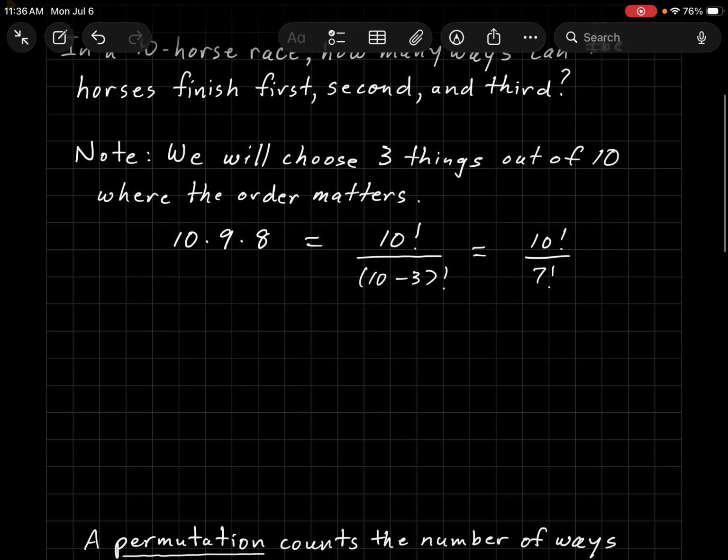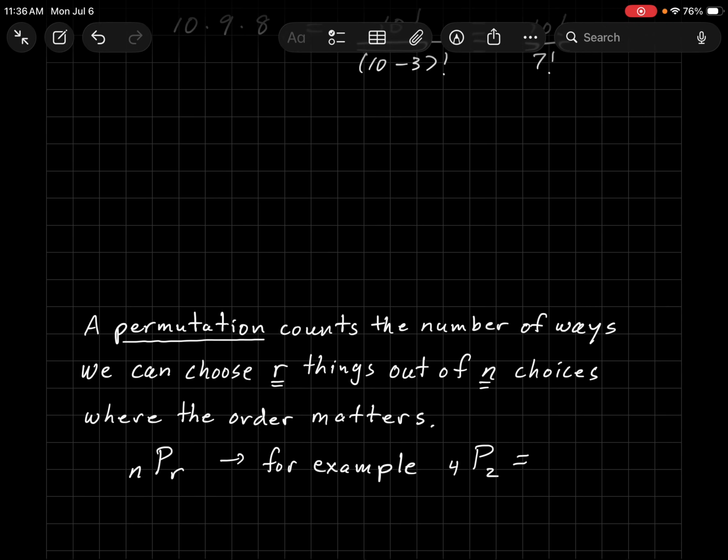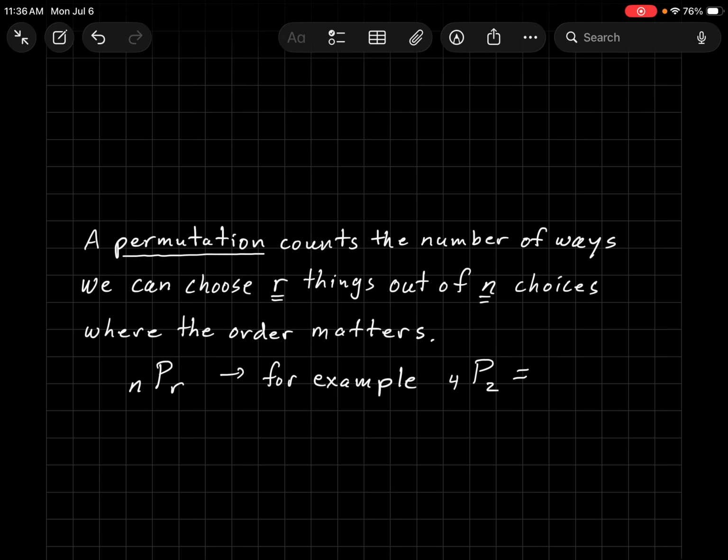So we have this idea of something called a permutation. A permutation counts the number of ways we can choose r things out of n choices where the order matters. The general notation is nPr, as we see on the left.